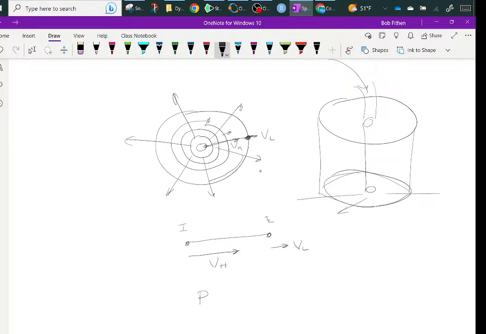So what you have is P inlet plus rho V inlet squared over 2 is equal to P exit plus rho V exit squared over 2. So this number right here is lower. This one is higher.